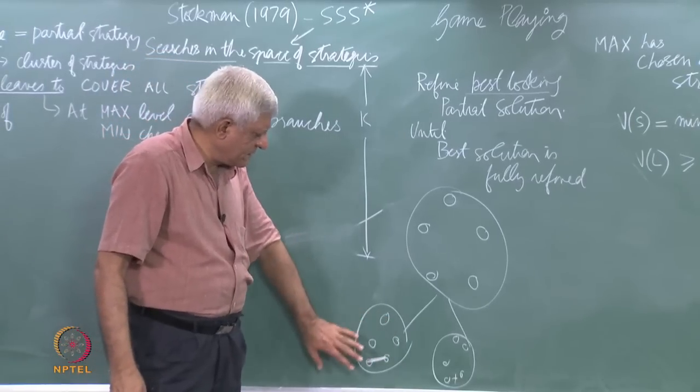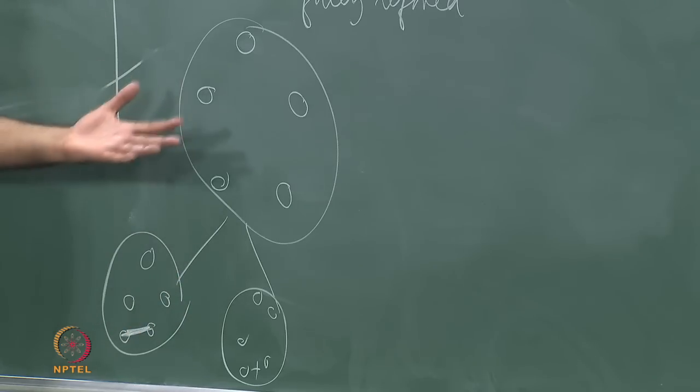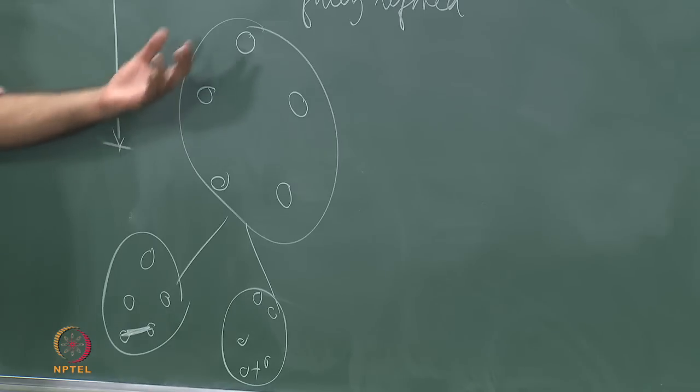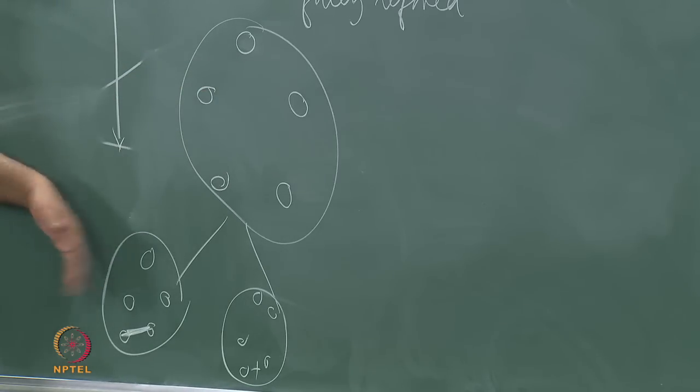So, this was a partial tour. Both these are partial tours, they are not fully specified, and we had figured out a way to evaluate the lower bound cost on those tours, and we always pick the best looking tour and refine it further essentially.